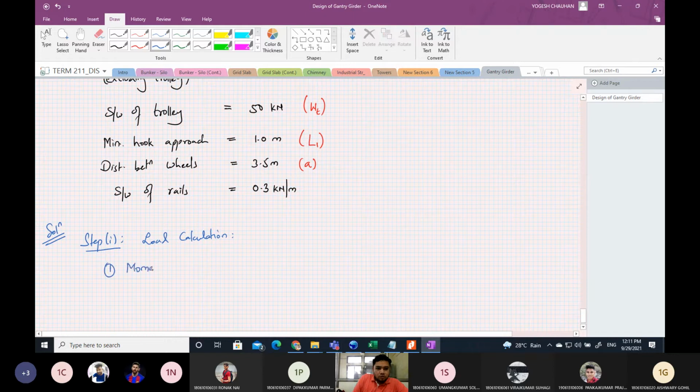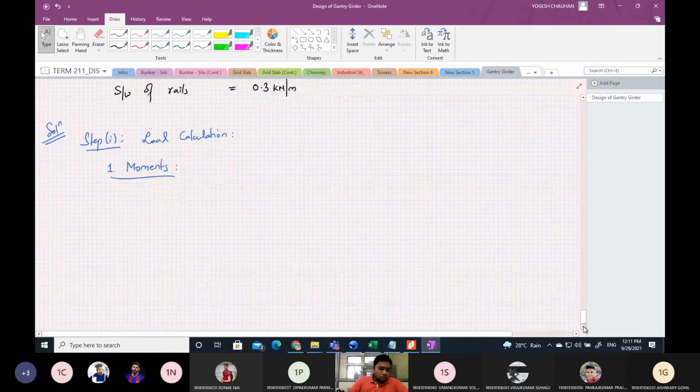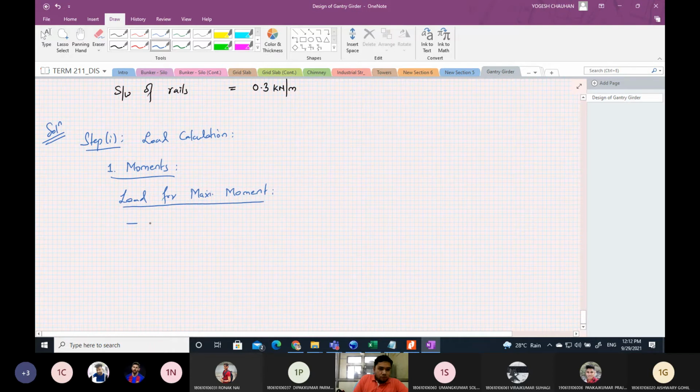So for moment, the load for maximum moment will be weight of trolley plus load lifted.